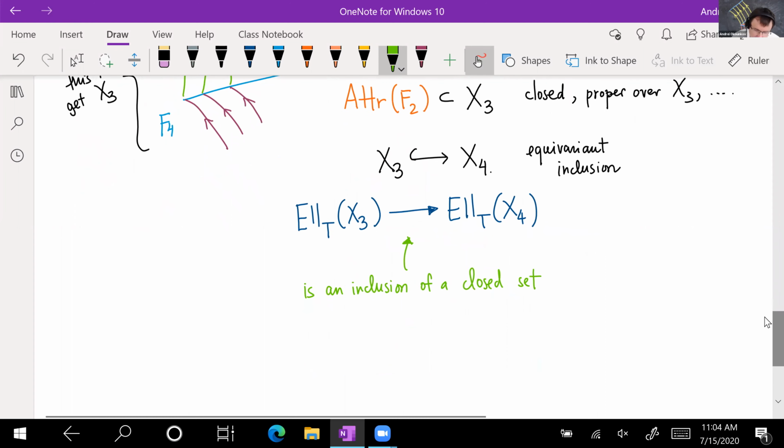Remember for projective space, we had elliptic homology looking something like a union of coordinate planes. It looks something like that.